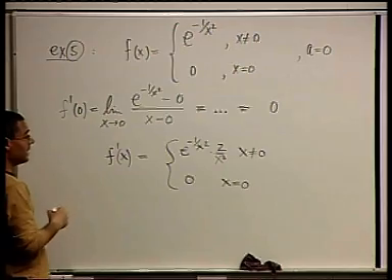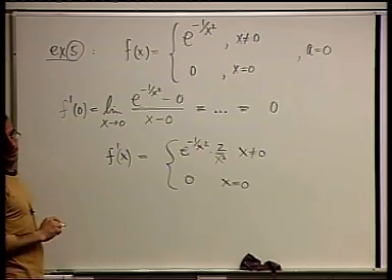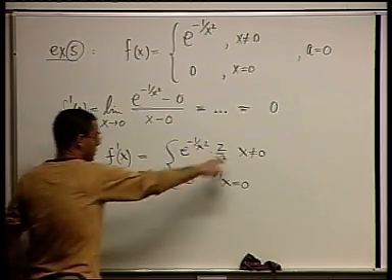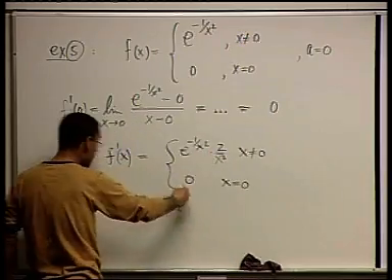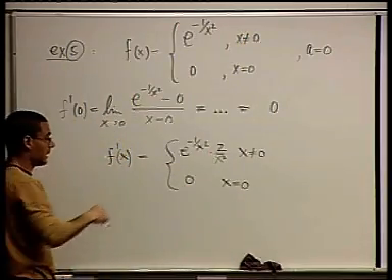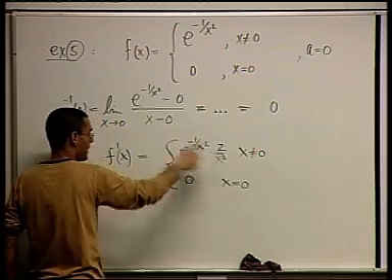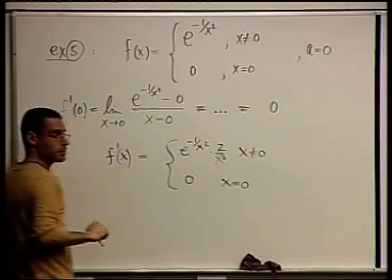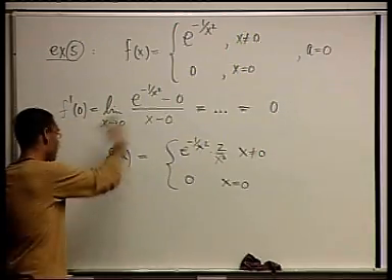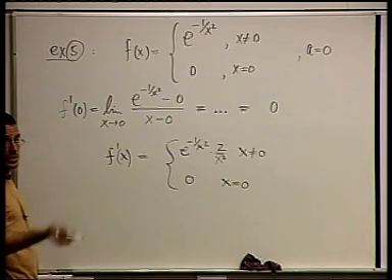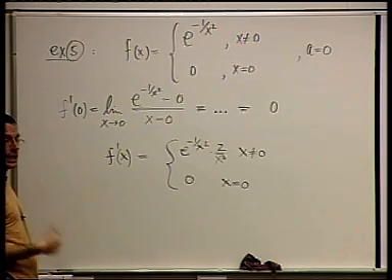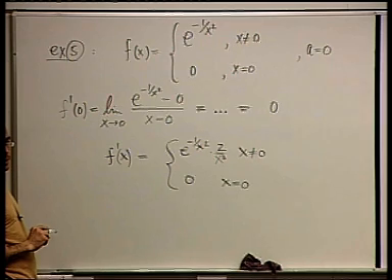And now you need to find f double prime. At any point other than 0, it's just the derivative of this. At 0, you have to calculate a limit again. The limit of this minus 0 divided by x minus 0. And it's the same argument that repeats itself. And you have to do it again and again and again. Okay?